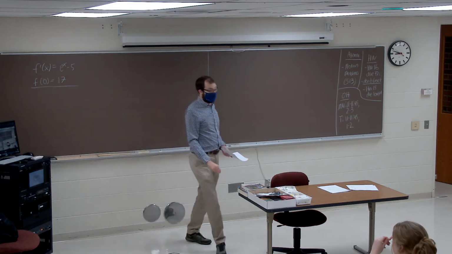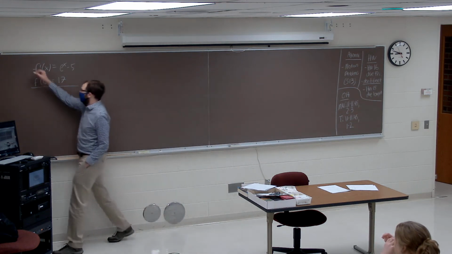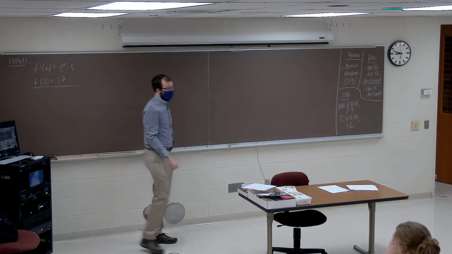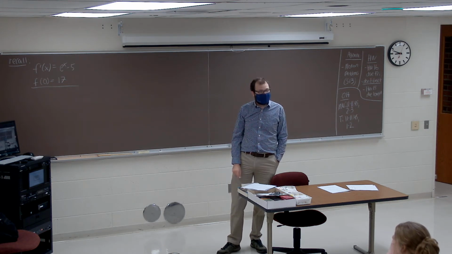We should be able to use this information to solve for f of x. This is not one in the packet. This is one I just came up with on the spot as a little bit of a review, since it's been a few days since you last looked at this stuff.